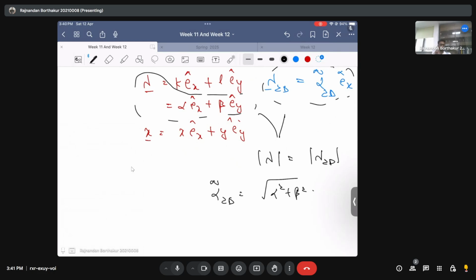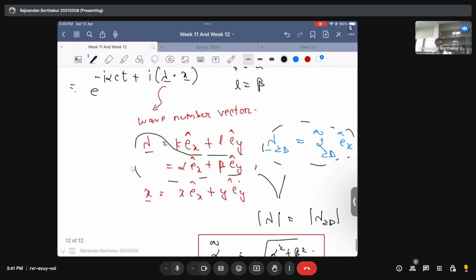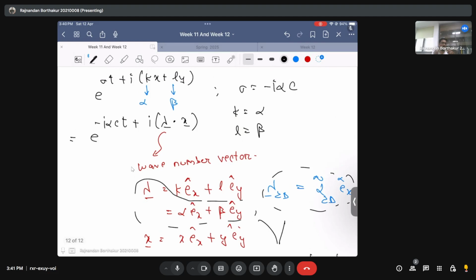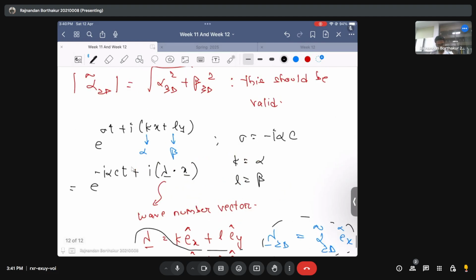Okay, and this condition must hold good if you are trying to apply the Squire's theorem. That is, I repeat, and physically it should also make sense that for the given 2D disturbance that you have considered, its wave number should be exactly the same as the wave number of the actual 3D problem. Okay, and then you can reduce your 3D problem into a 2D problem, as we will do very shortly.